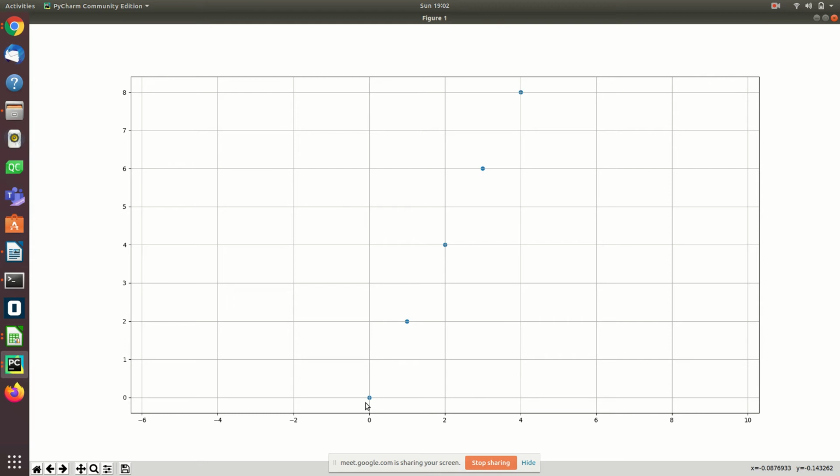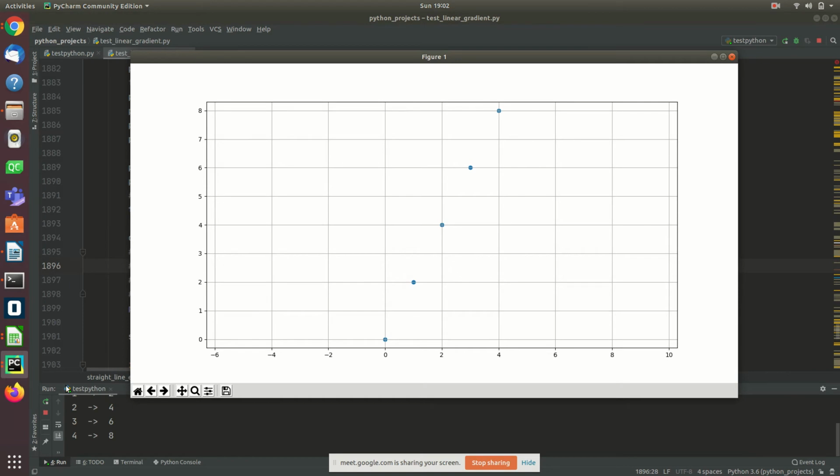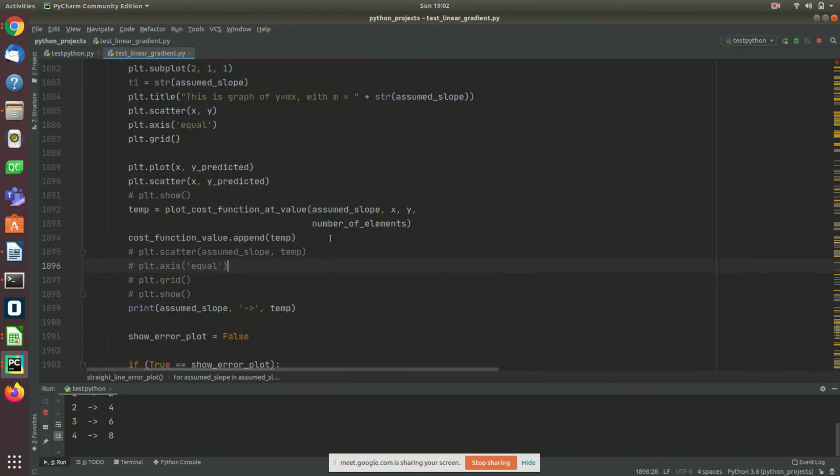Does it mean that I don't have error? Answer is no. Minus 2 is also a big error, plus 2 is also a big error. So when we add the errors, minus and plus really create a problem. They try to nullify each other. So the theory of linear gradient says, let's maximize the error by squaring it.